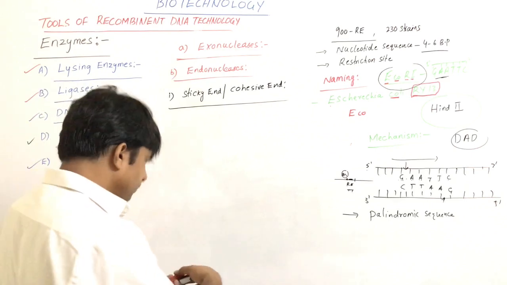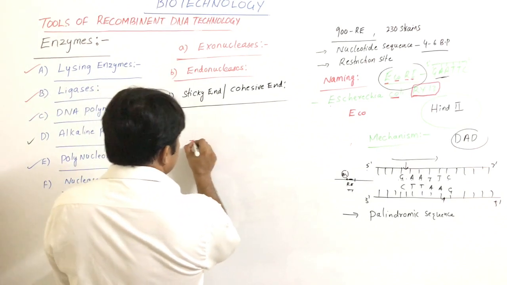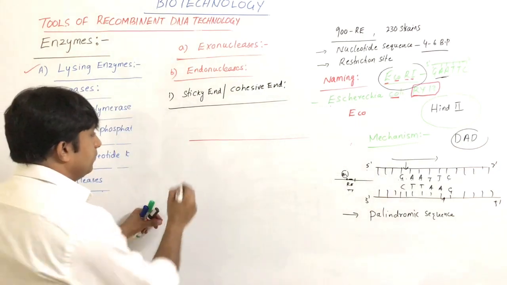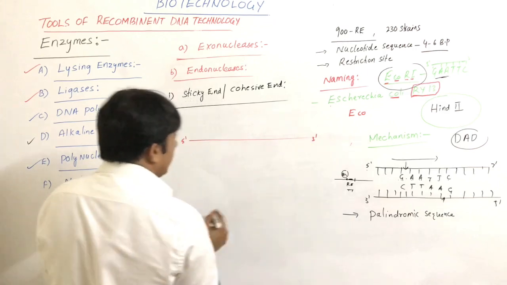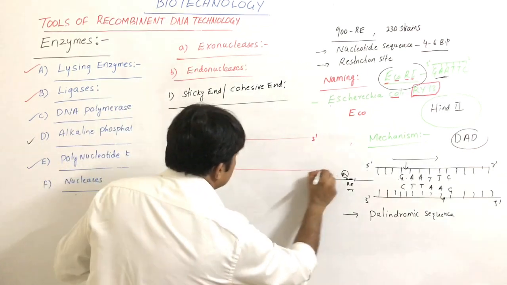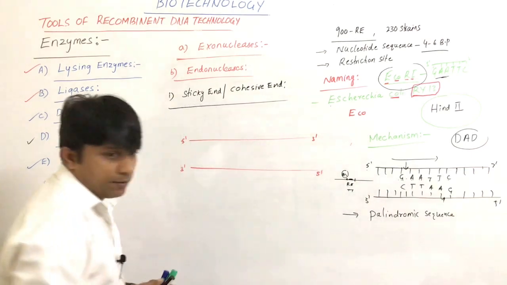What is it? For example, I have a DNA strand from 5 prime to 3 prime. This is from 3 prime to 5 prime.